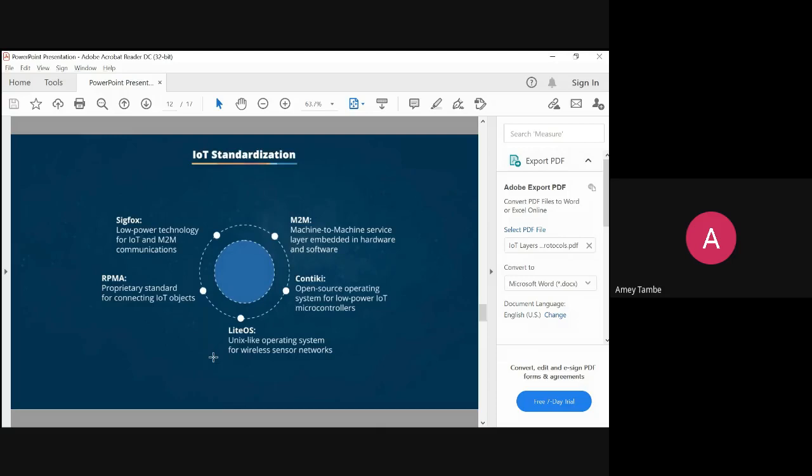Then we can have LiteOS, which is based on Unix, a Unix-like operating system for wireless sensor networks. Then there is RTOS, and also OpenWrt, an open source operating system or framework, where we can take our general purpose router and flash its original firmware with it, and we can get a lot of things to examine with that.